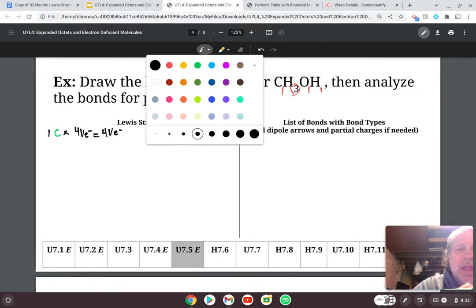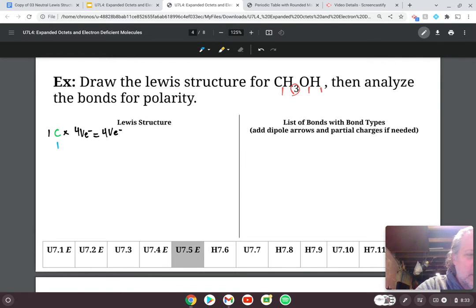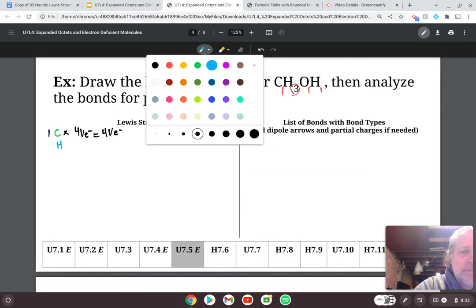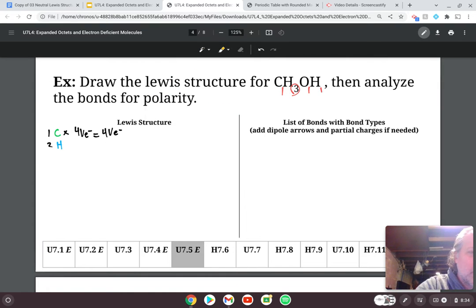I also have, I can group the hydrogens together, but with these types of molecules, I'm going to actually keep them separated. So I have 3 hydrogens times 1 valence electron for 3 valence electrons.